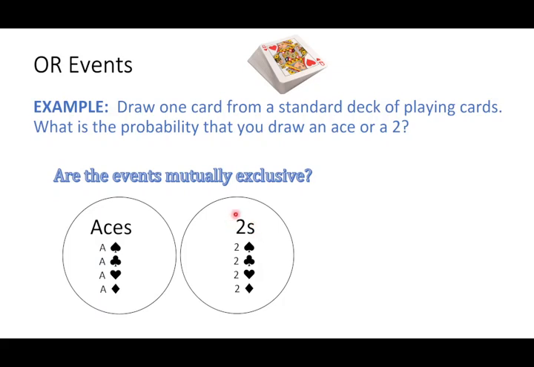There's no overlap, so they are mutually exclusive. In your one draw of a card, it can't be an ace and a 2 at the same time. It's going to be one or the other or something else. So mutually exclusive means no overlap of event outcomes.